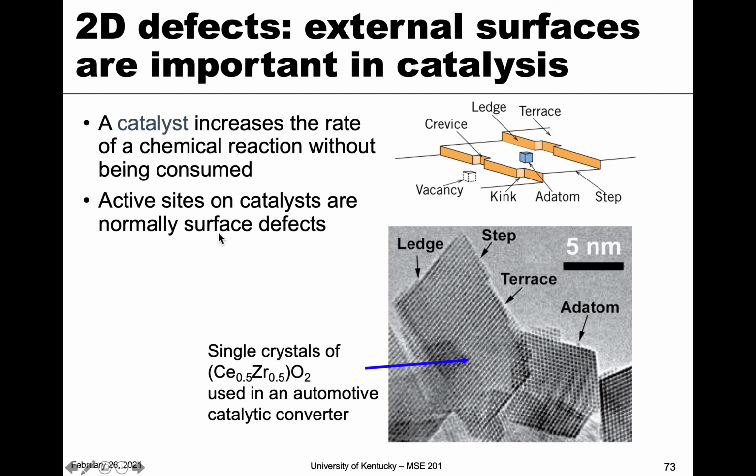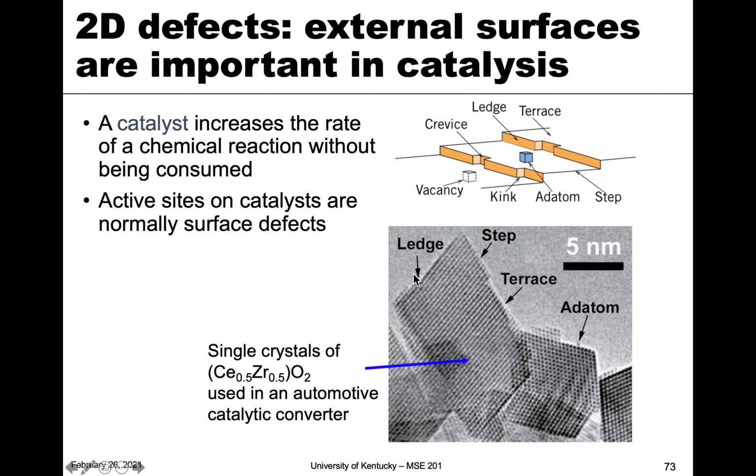And so in catalysis, the reactions happen on the surface. The active sites on a surface could be a ledge, a step, a terrace, whatever it is, but the chemical reagents are reacting on the surface of the catalyst and proceeding to give you products, but the catalyst is unchanged.